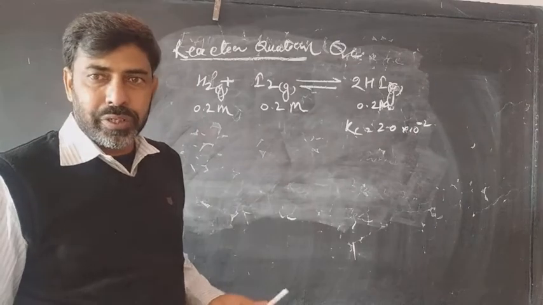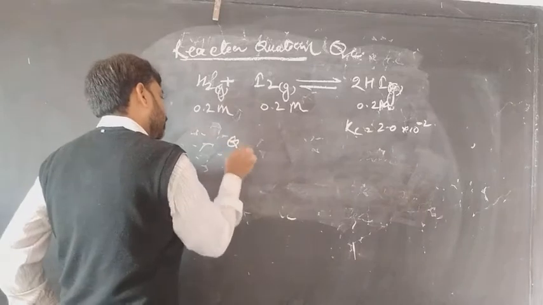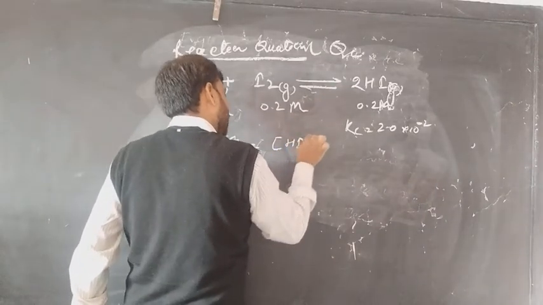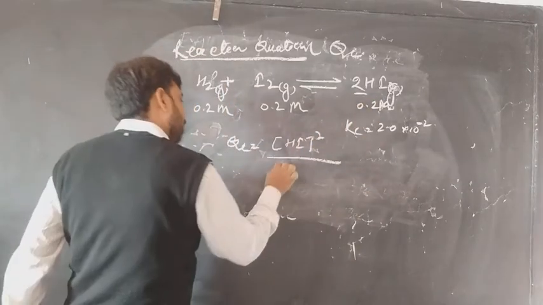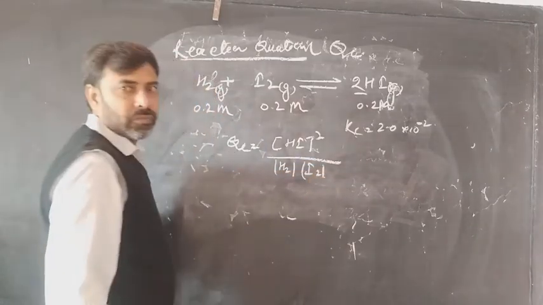First of all, we will try to find the value of Qc. Here Qc equals the concentration of product, that is the concentration of HI to the power 2, as the coefficient is 2, upon concentration of H2 and concentration of I2.